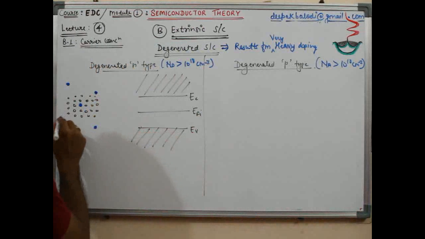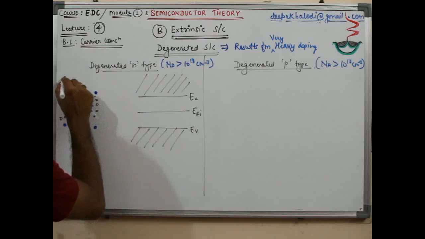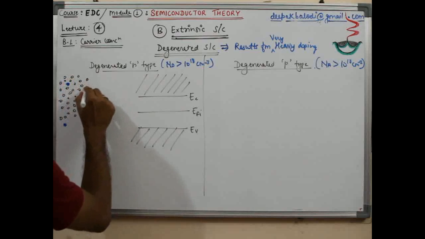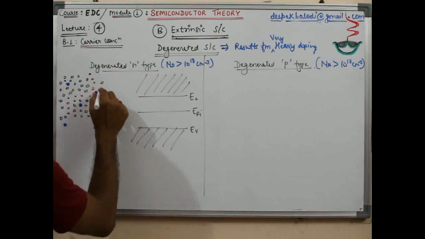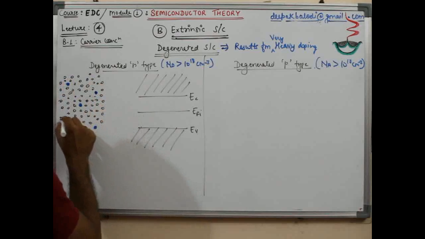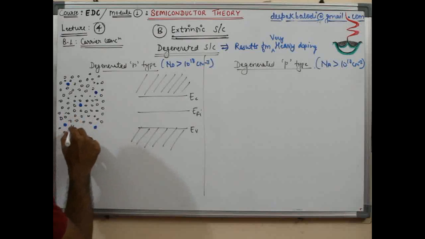So in this case, one impurity atom was out of 10 to the power 6 or 10 to the power 7. Earlier we have seen it is well bounded.